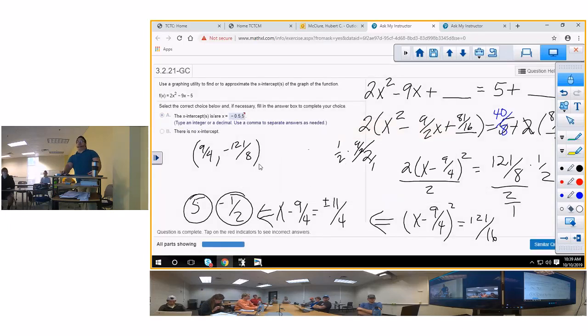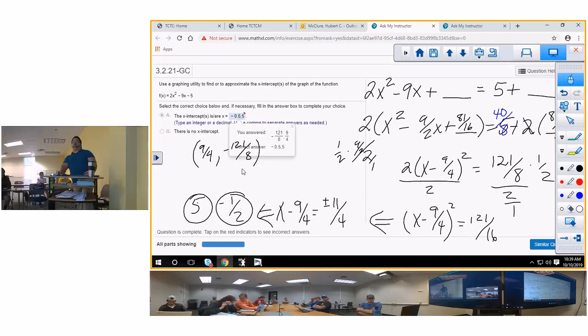What's wrong with my problem? They wanted decimals. 9/4 is not 0.5. Oh, the x-intercept. Okay, well, they want decimals. What's 121 over 8? That's not going to be 5. I've done something wrong. No, you did it right.